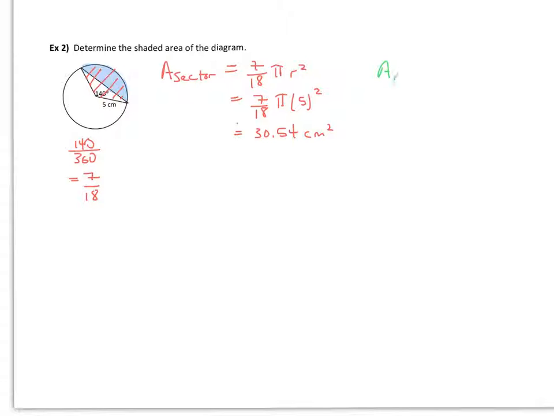The area of a triangle, hopefully you remember, is base times height divided by 2. In that triangle, I'm going to use the chord as my base, but I don't have that length. So I'm going to let x represent the base of the triangle.